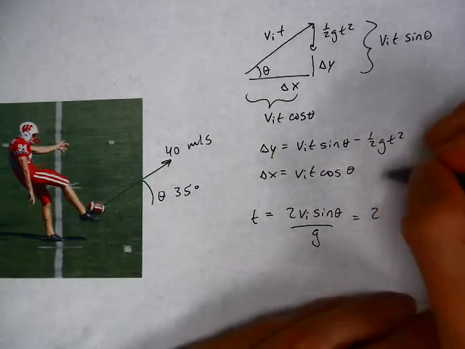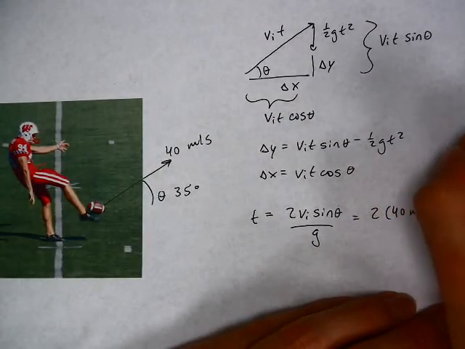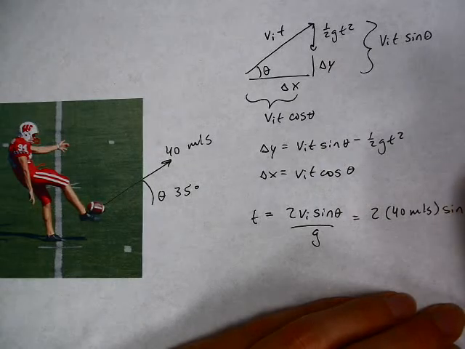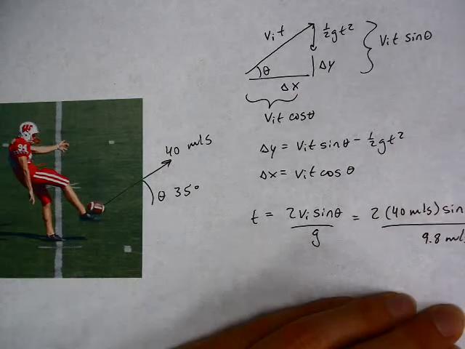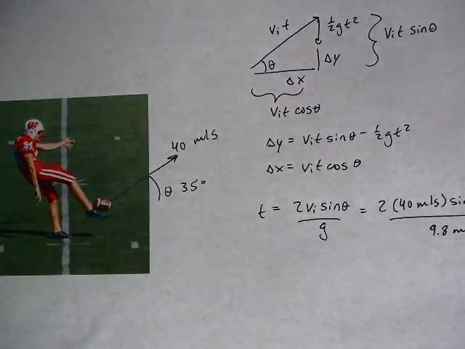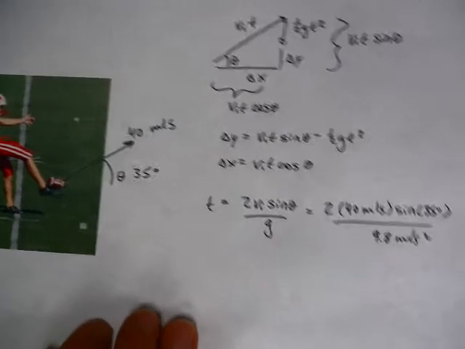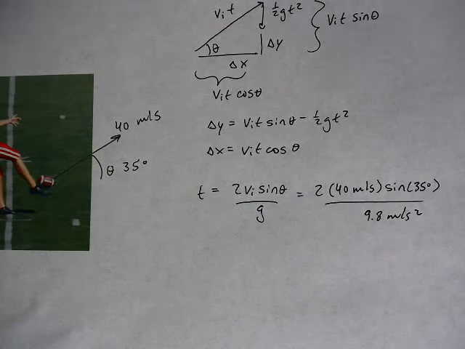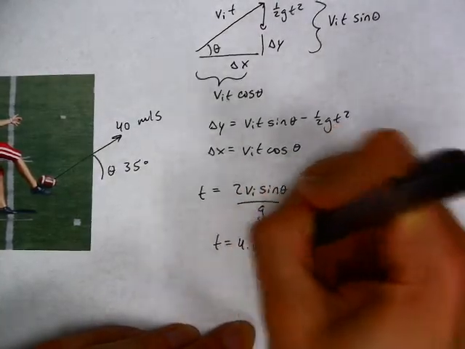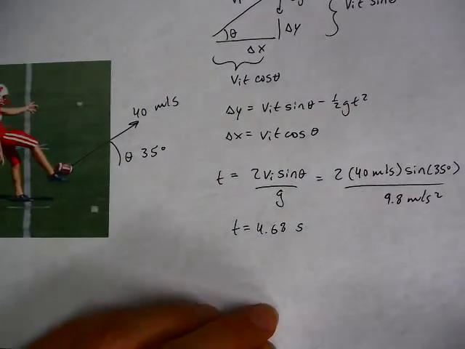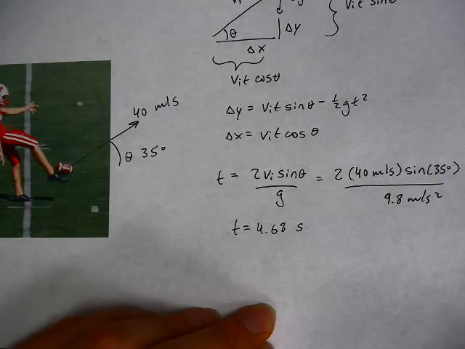That is 2 times 40 meters per second times sine of 35 degrees over 9.8 meters per second squared. And what does that equal? I got to do that one real quick. That's 4.68 seconds.